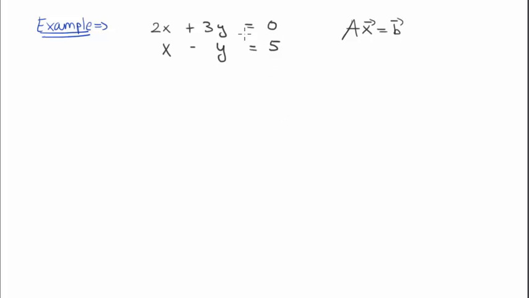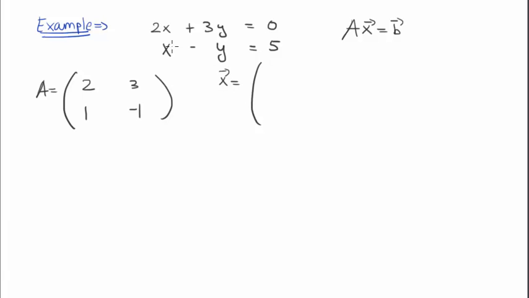Right, in this case, I have my coefficient matrix A, so A is equal to what? All the coefficients. It'll be 2 over here, 3 over here, 1 over here, and then negative 1 over here, right? And what's my x? X is the vector of unknowns, okay?